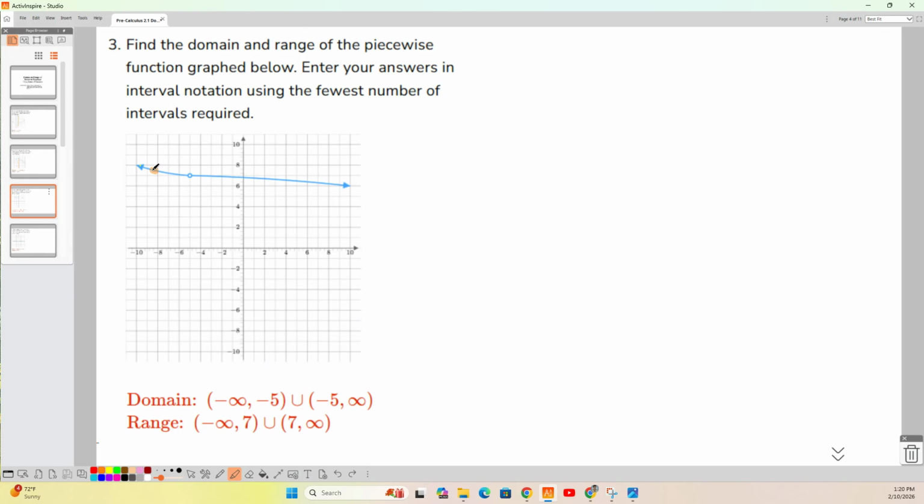And here the graph is increasing. There's an arrow here. So as x approaches negative infinity, the graph will go up to positive infinity. The y's will go up to positive infinity. So let's talk about the y values. Coming from negative infinity, it exists until we get to a y value of 7 because of this open circle here.